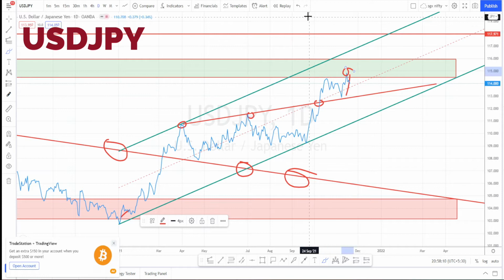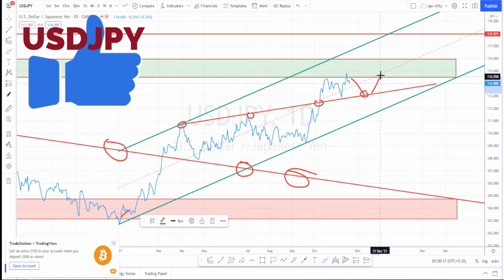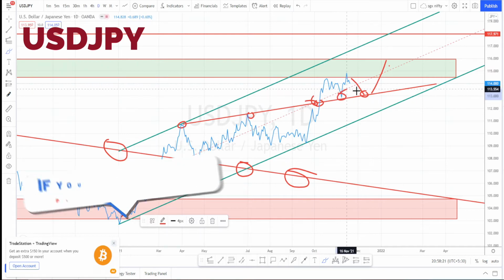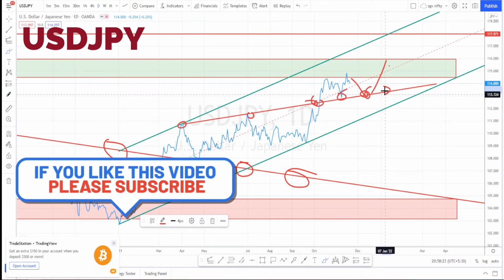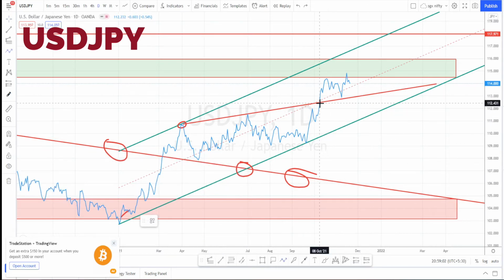So when it retraces also, we can expect it to take support on this support line and again try to go on an uptrend. So this is acting as a very strong support for the present price action. From this support line, we can clearly understand that the current price action is in an uptrend.